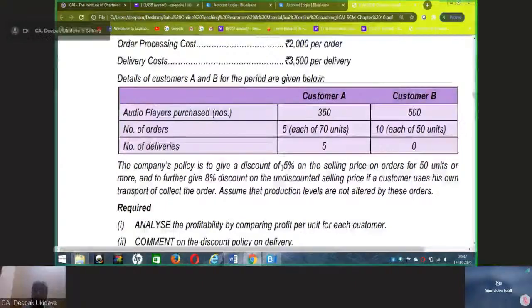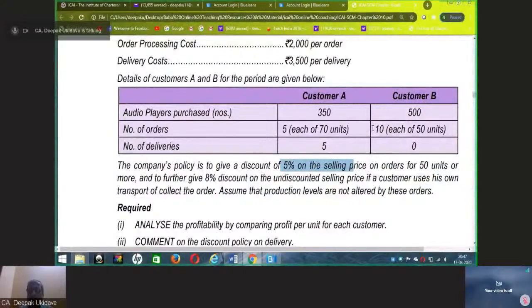But there is a special 8% discount on undiscounted selling price if the customer uses his own transport to collect the order. It happens like this. See, this is the incentive given by the company that if the customer picks up the goods on his own, self service, that means the company's person is not required to deliver.